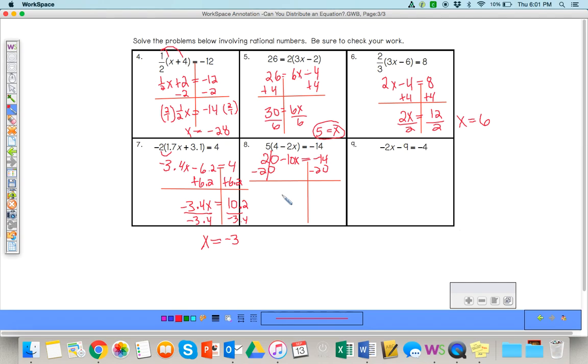Okay, that cancels out. We have -10x equals -34. We're going to divide by -10, and we get x equals -3.4.